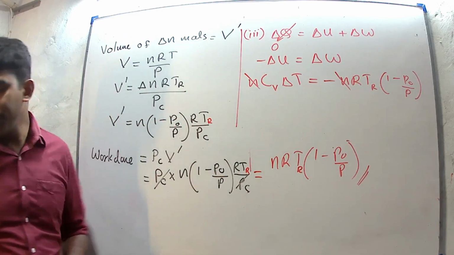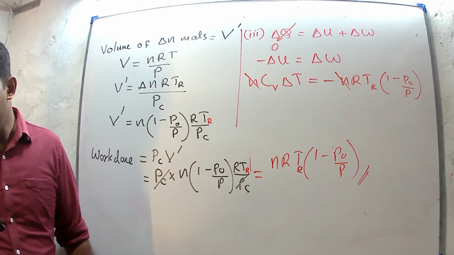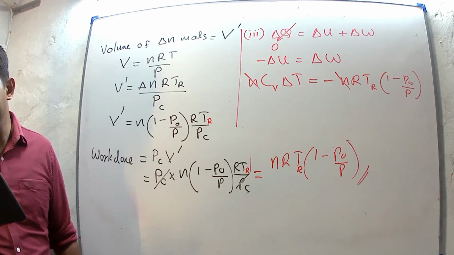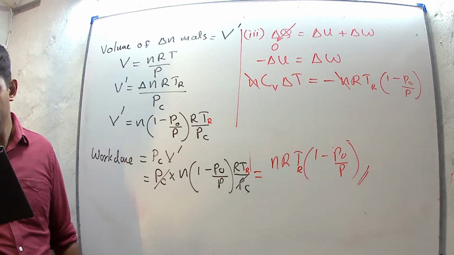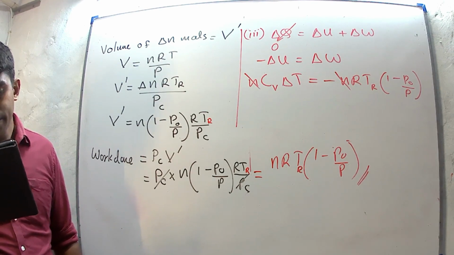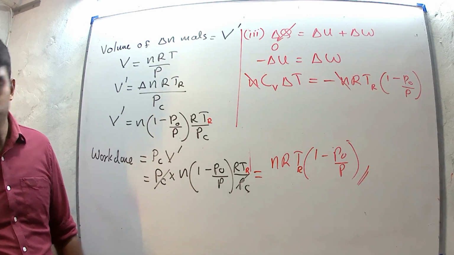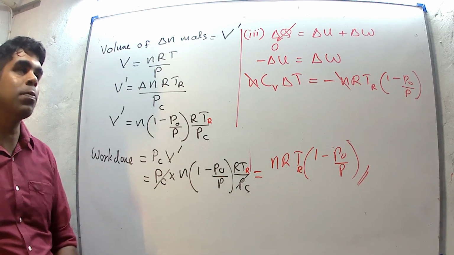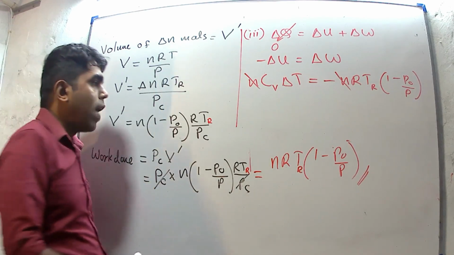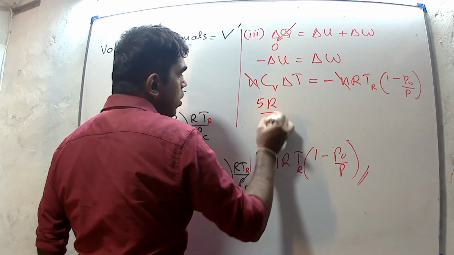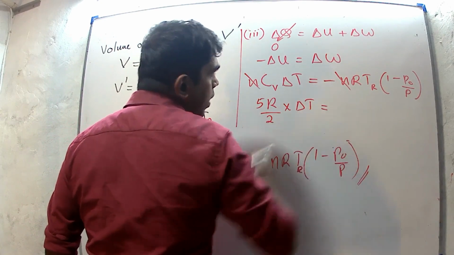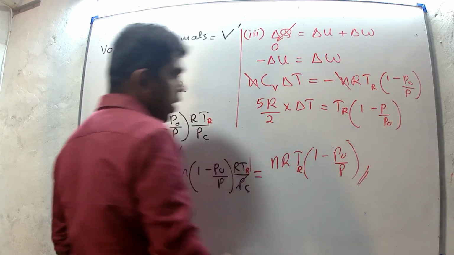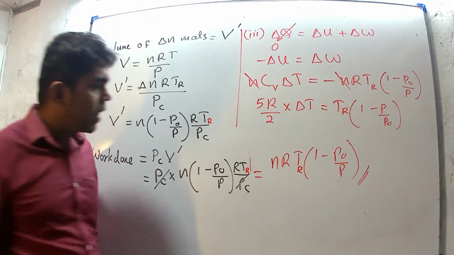They have given that CV, CV means molar heat capacity at constant volume, and it is given as 5R over 2. It depends on the number of atoms in the gas molecule. 5R over 2. We have to substitute only given values. Delta T equals TR times 1 minus P naught over P. Then we can subject temperature change.